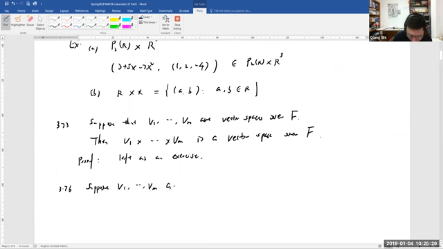We are assuming these individual ones are finite dimensional vector spaces. Then V1 times V2 up to V sub m is also finite dimensional.